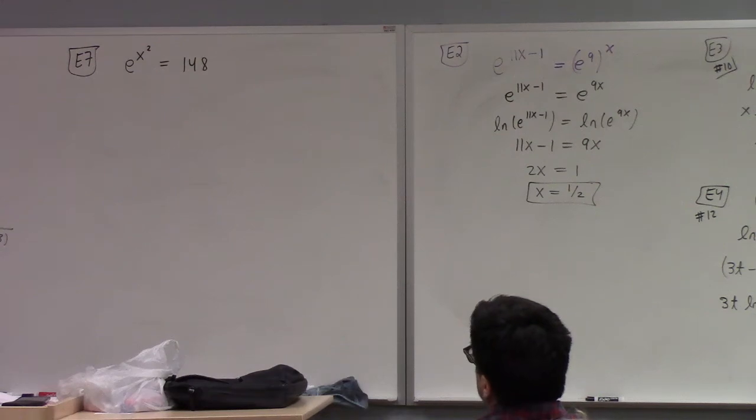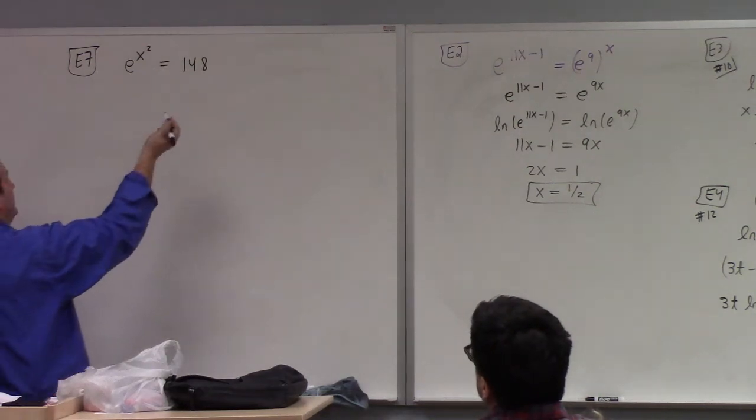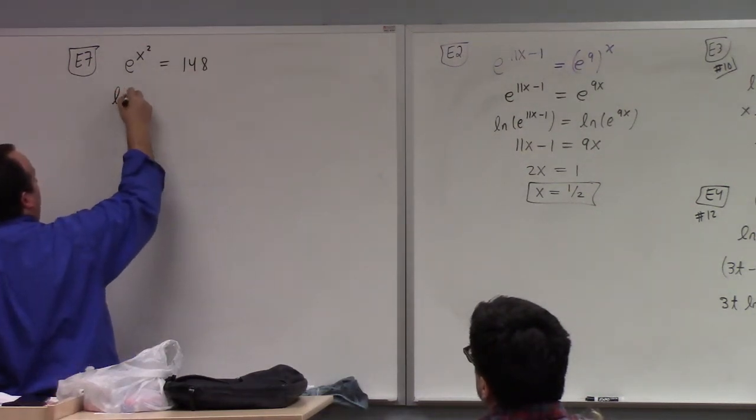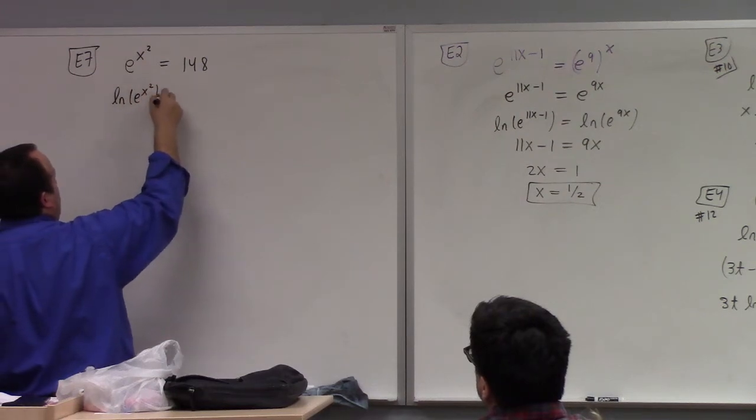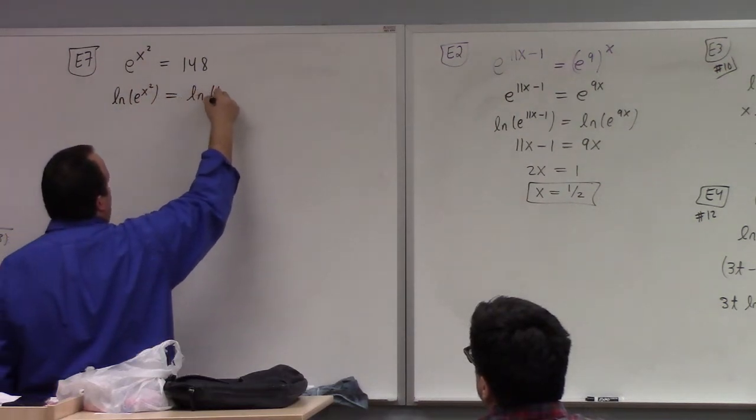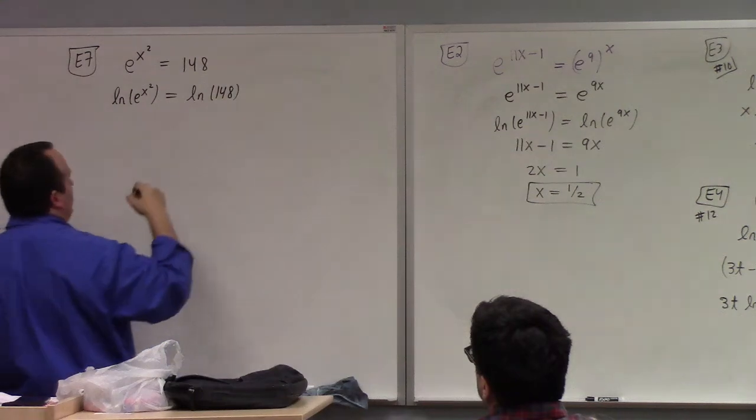Could you log it twice? Well, how about, yeah, take the natural log of both sides. That sounds like a good idea. Let's hold off on the second natural log. Let's see if we need it or not.